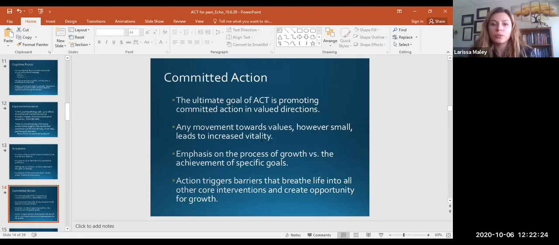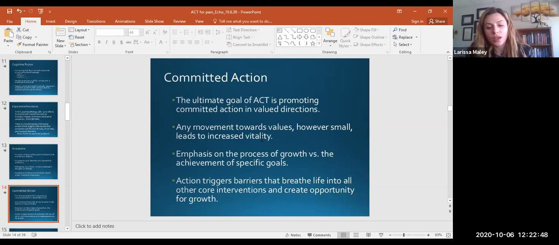So it's not achievement of a goal. It's not something that's static way out there in the future. It's the movement that you take moment to moment every single day. As long as it's in the service of that value set, then it's going to lead toward greater health and psychological well-being. So emphasis is placed on growth instead of specific goal achievement.